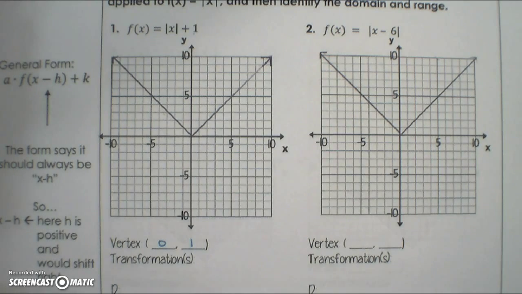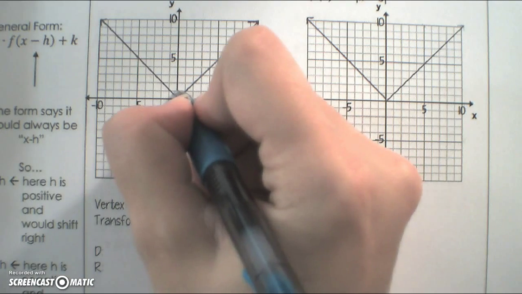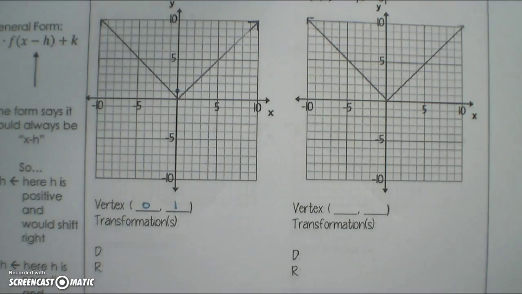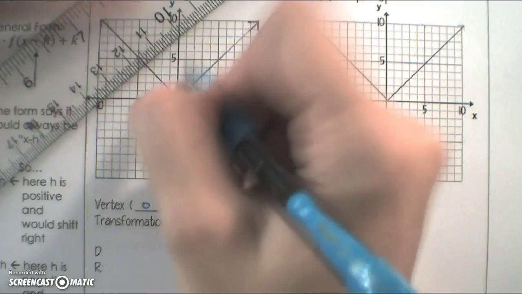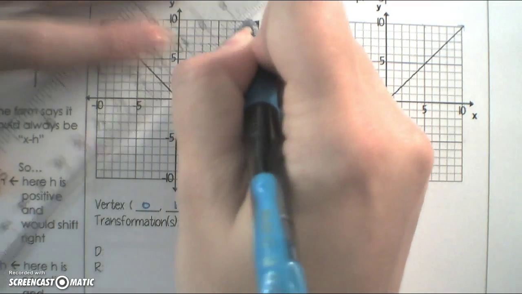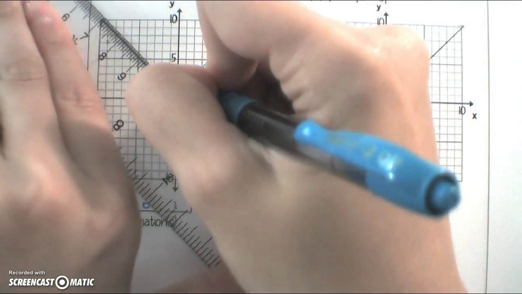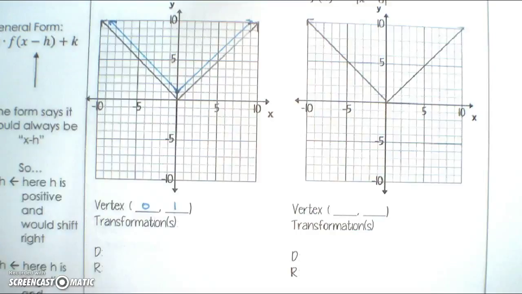So now what we're going to do is go ahead and graph this. Now we know where to start, so it's really easy. We're just going to start at 0, 1, and then we are going to graph our V, just like we did our parent function, only this time we are starting at our new starting point with a slope of 1, and over here a slope of -1.